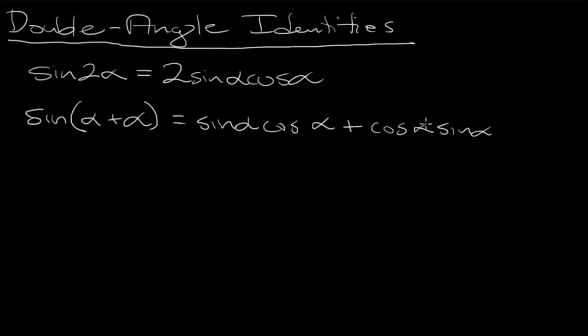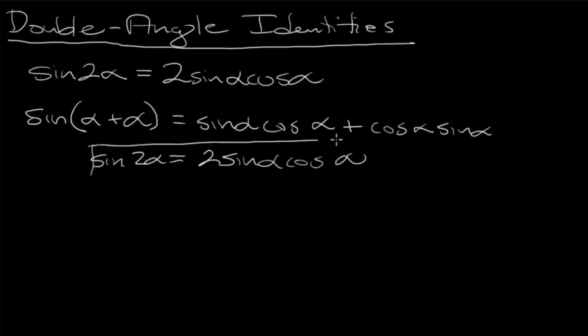But just like I did in the last problem, the order of these, they're commutative, so I could just reverse these. So I really have sine alpha, cosine alpha, and another sine alpha, cosine alpha, which means I have 2 of them. And so this is sine of 2 alpha, and so that is the identity.